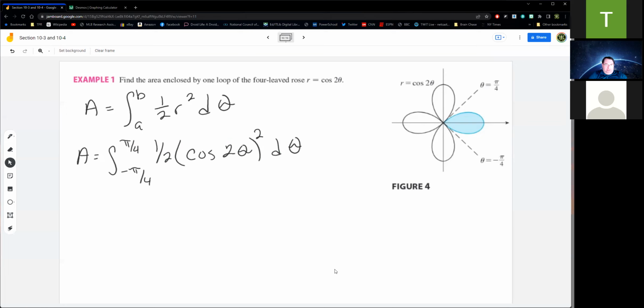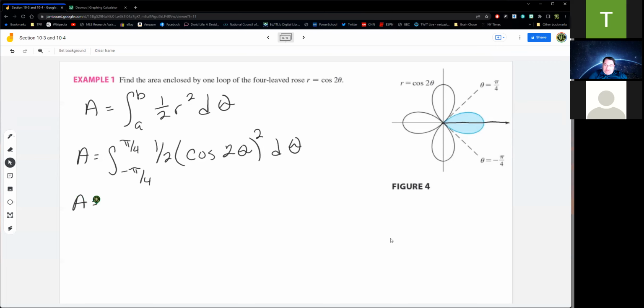All right, so if you notice, to make my problem a little easier, it's symmetric. The top and the bottom are the same. So I'm going to pull out the 1/2 and multiply by 2, and cut this in half, so I only have to look at that part.